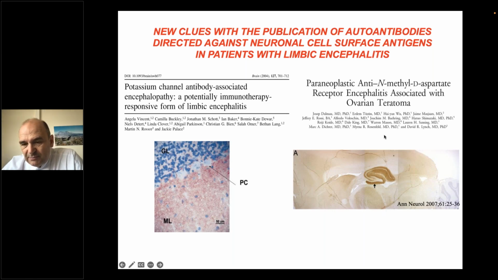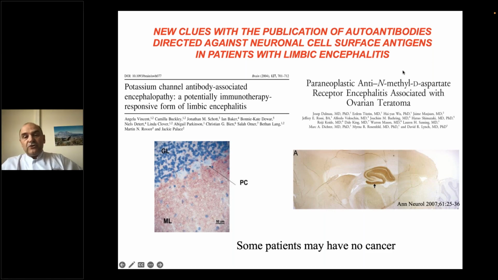This is illustrated by this immunohistochemistry, because the autoantibodies specifically recognize some dots in the hippocampus of animals. Here is indirect immunohistochemistry on rat brain. You can see the staining only in the hippocampus. One particularity is that the first patients were described in association with ovarian teratoma, but very quickly patients without tumors were described, and many patients have no cancer.